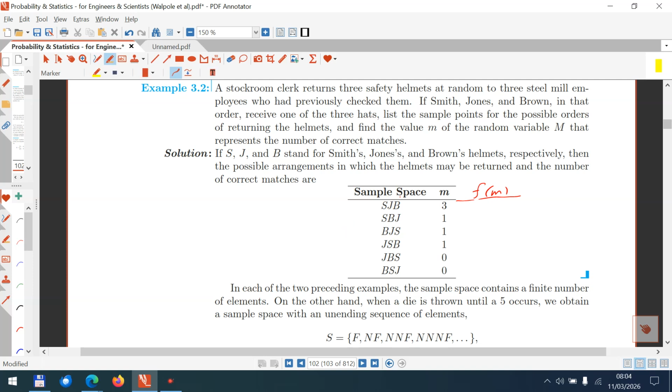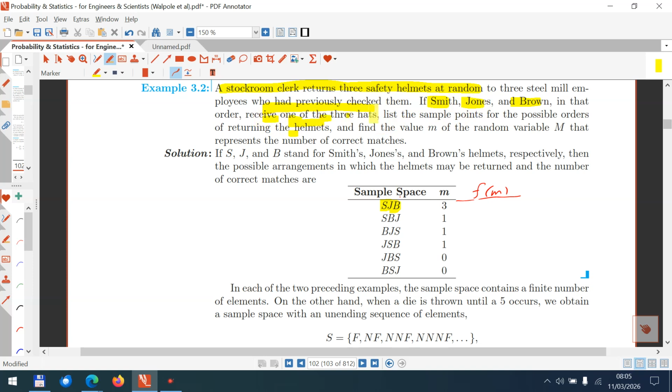If you read this paragraph carefully, the only thing it tells you is how to write these sample points. S is for Smith, J is for Jones, and B is for Brown. There are three employees, and safety helmets are given randomly to them, and that's all.